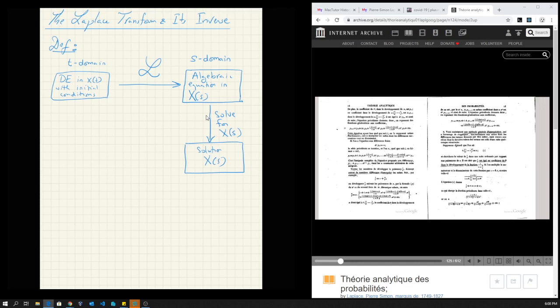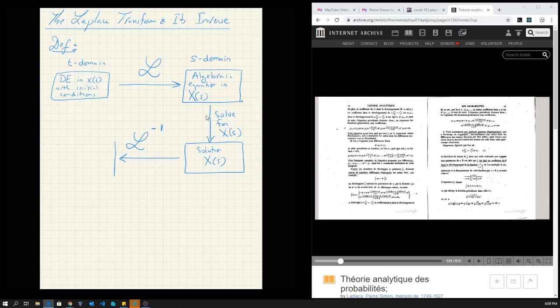Well, the good news is this transform is invertible. So this process of taking the Laplace transform is invertible. So just like you can teleport from the time domain to the frequency domain, you can teleport back. So we can teleport back via L inverse. We call it the inverse Laplace transform, and that's the symbol we use for it. All right, so what's that going to do?